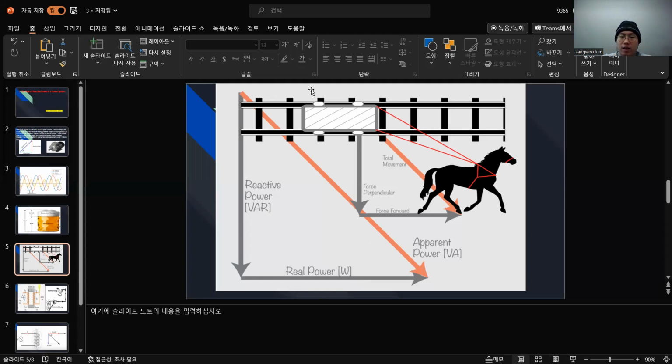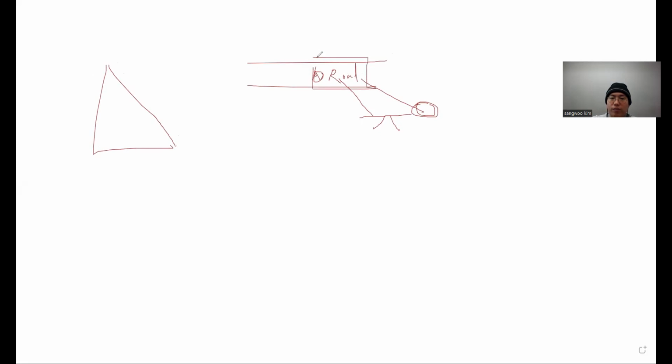Let's see. Here's a horse, sorry about it, and then here's a load. First of all, I will explain a little bit about dynamics.